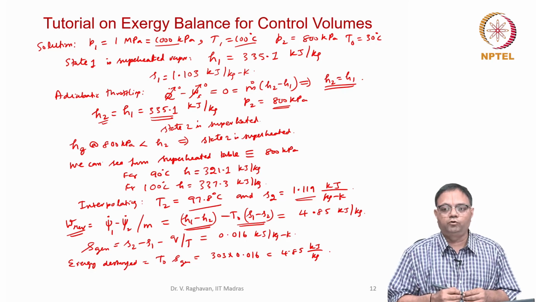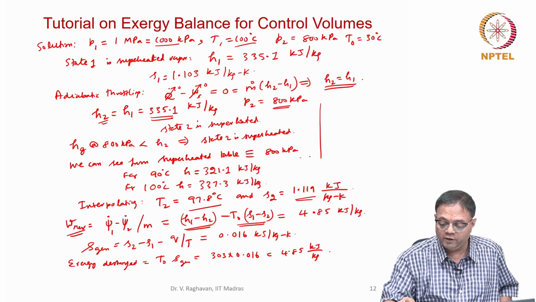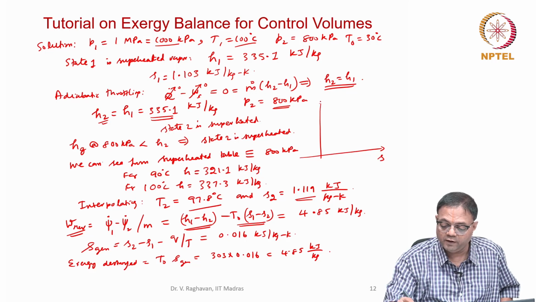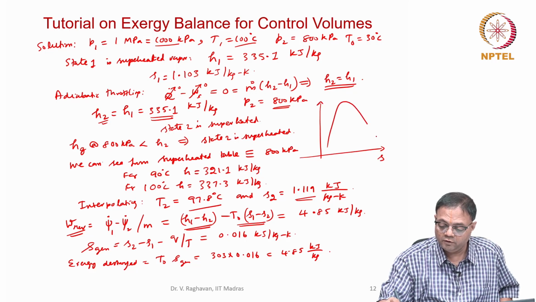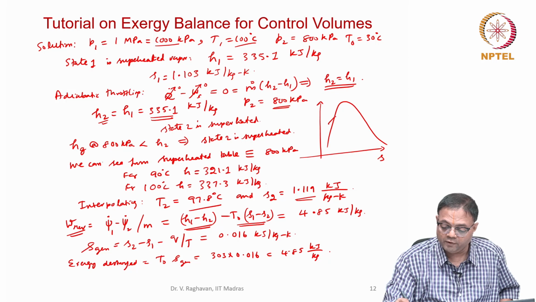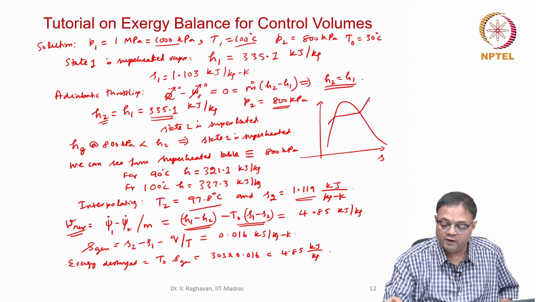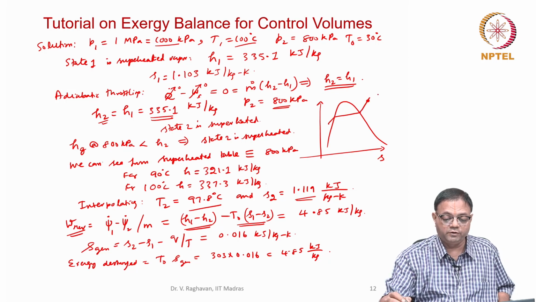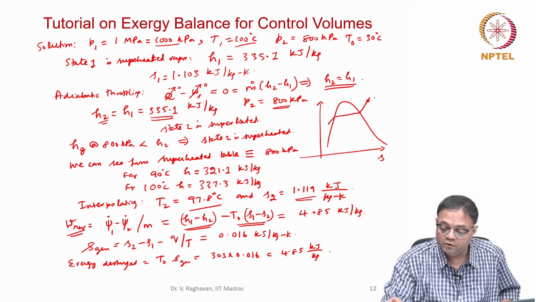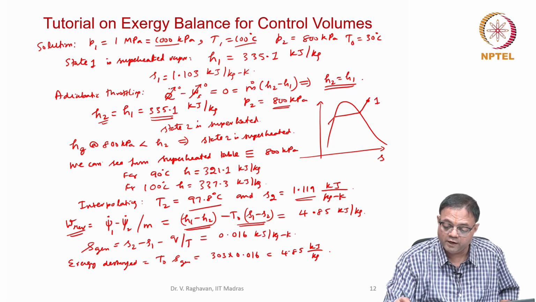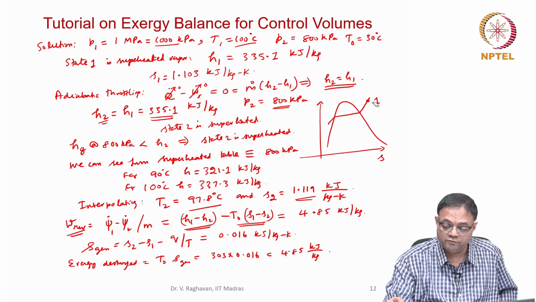When you draw the diagram also, we will find that, see here in a TS diagram, let us say, this is 1 megapascal and a certain temperature. What was the temperature here? 100 degrees. So this is state 1.